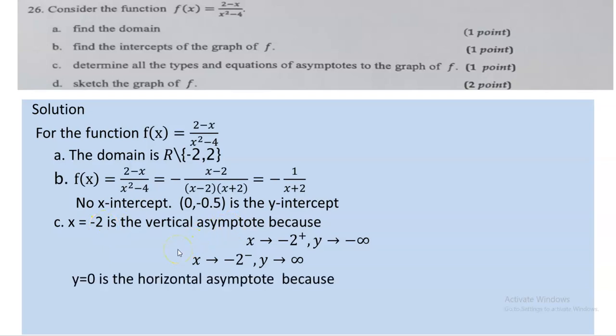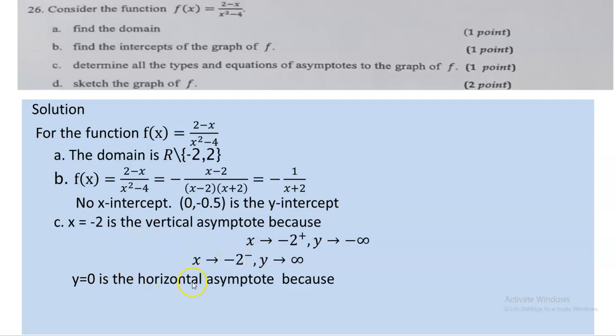What about the horizontal asymptote? What happens as x is far away from the y-axis, the vertical line? As x is going away from that, you see your function f of x is closer to the x-axis, because as x goes to infinity, 1 divided by a large number gets closer to 0.